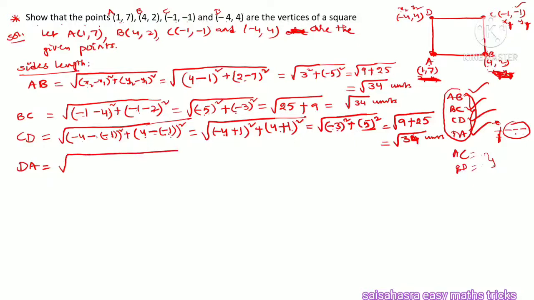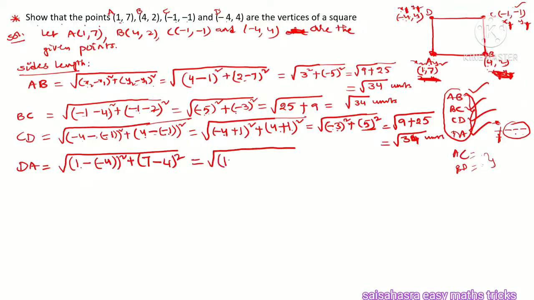DA. When we are finding DA, this one is x1 y1 and this one you can take as x2 y2. So x2 minus x1: x2 value is 1, minus x1 value is minus 4, whole square, plus y2 minus y1, y2 is 7 minus y1, y1 is 4, whole square.